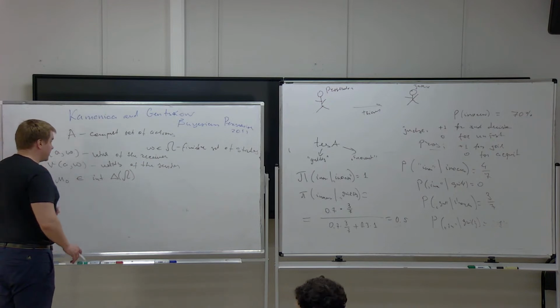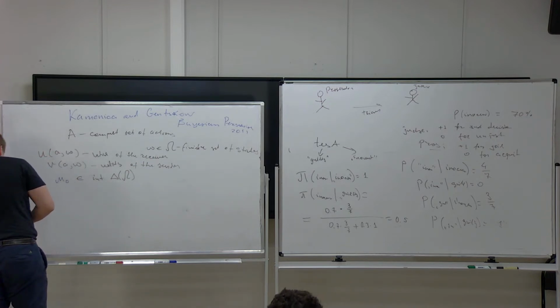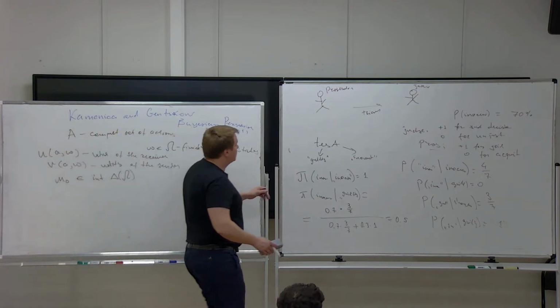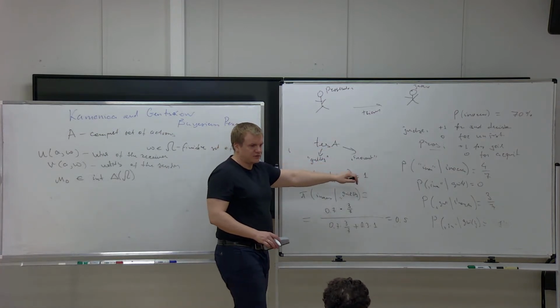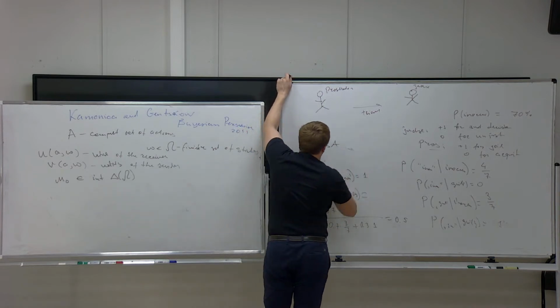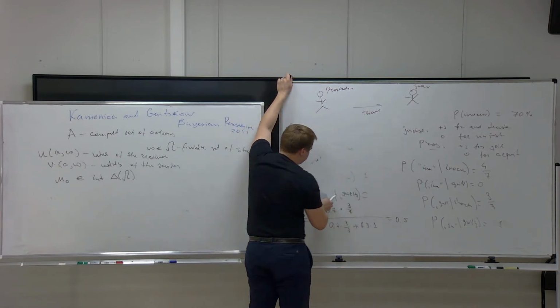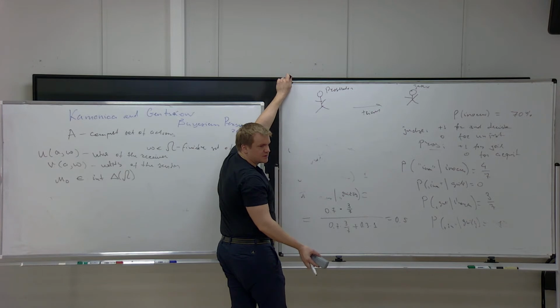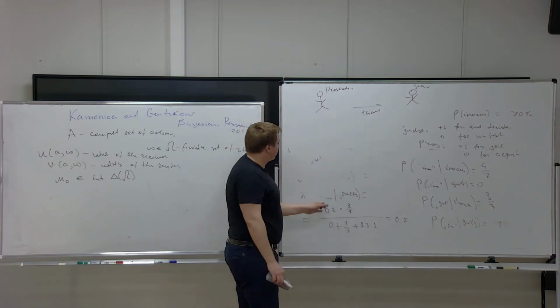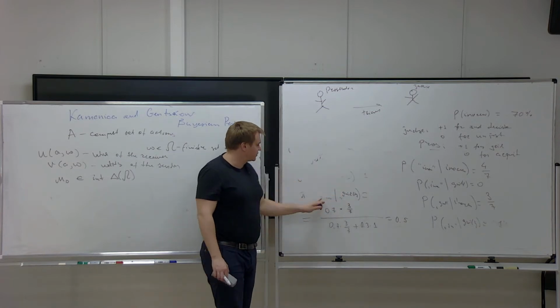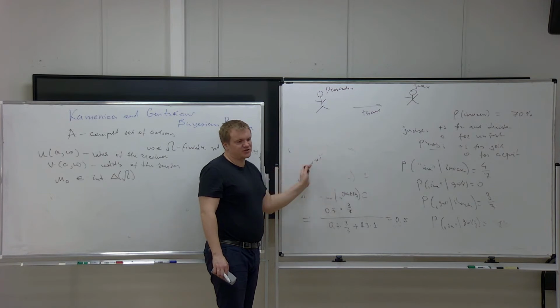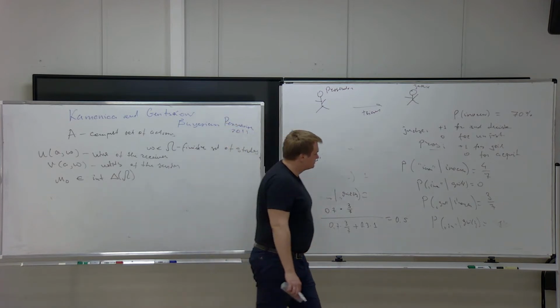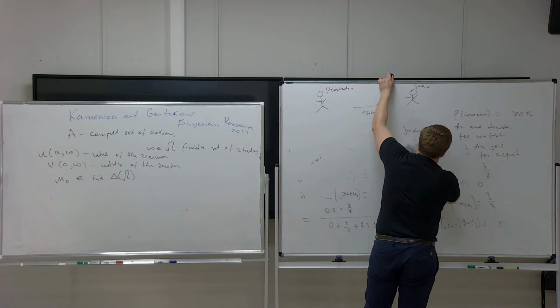So now a signal. The result of the test is a signal. It's either guilty or innocent. So a signal generates a belief about the true state of the world. In our case, there was a signal guilty, which generated some belief, and a signal innocent, which generated some belief.